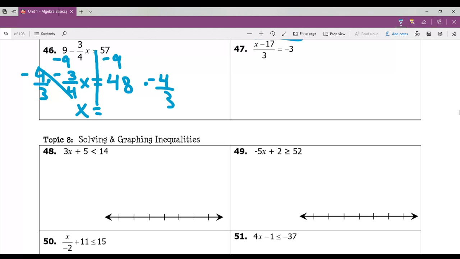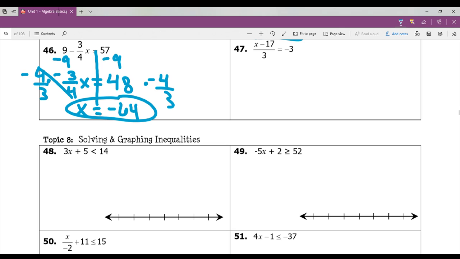X equals. And then you can use your calculator for this part. 48 times negative 4/3. I think it's going to be negative 64. Let me double check. Yep. Negative 64. Okay?